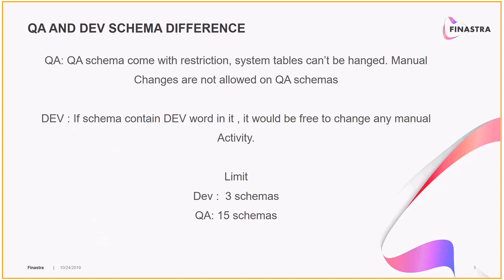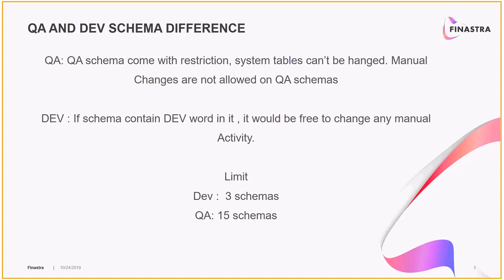A dev can create 3 schemas in their name. This limitation is specifically person dependent. If I'm a developer, I can create 3 schemas in my name. If you want any more schemas, you can ask your colleagues to create them for you, because the tool won't allow you to create more.